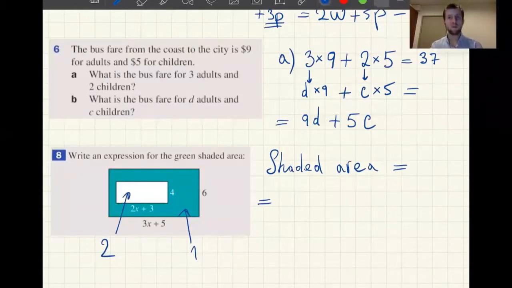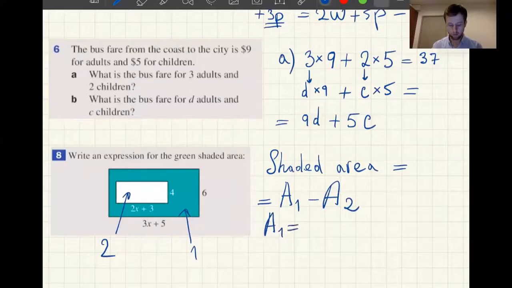And remember, we gave names to the rectangles. Area 1 is the area of the big rectangle, and area 2 is the area of the small rectangle, A1 and A2. But we don't even know A1 or A2 yet, so let's find them. A1 is equal to, and we all know the formula for the area of a rectangle.